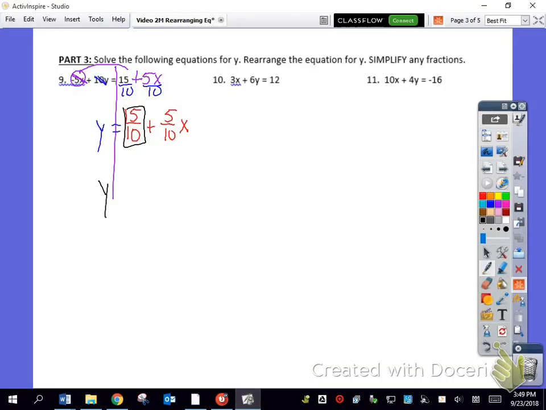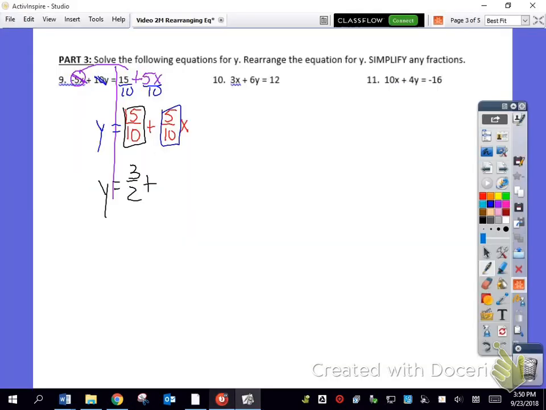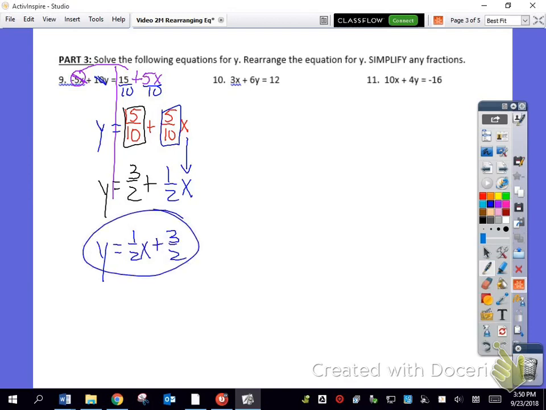So Y equals 3 over 2 plus, now you're going to enter 5 over 10 into your calculator. So control divide 5 over 10, which is a half, 1 over 2. So 1 over 2x. You just bring the x straight down. That is your answer. So Y equals 1/2 x plus 3 halves. And you're done.